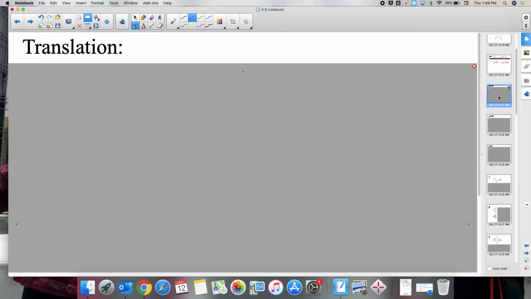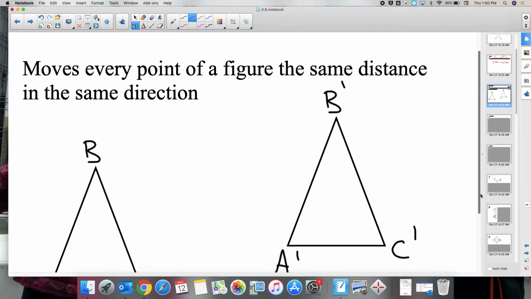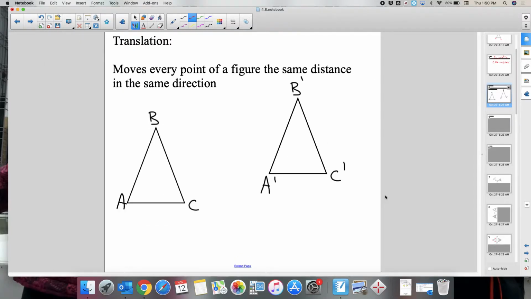That idea of moving it left and right and up and down is what is known as a translation. A translation is we move every point of a figure the same distance in the same direction. So we're going to take all of our points here. We'll take points A, B, and C, and we'll move them all. Maybe we move them right 8, and then we move them up 2.